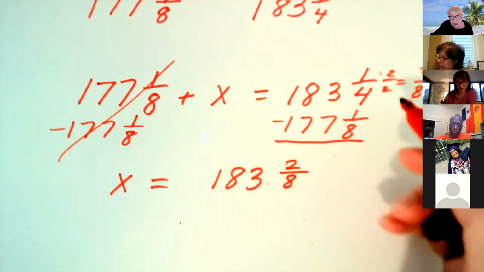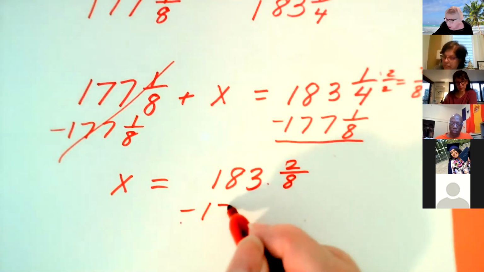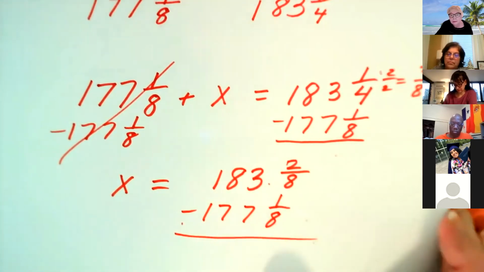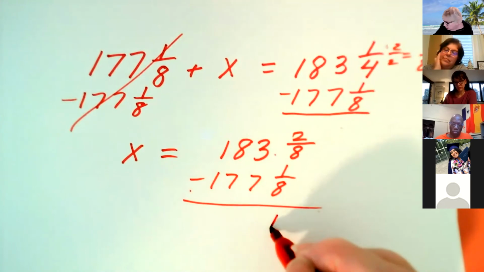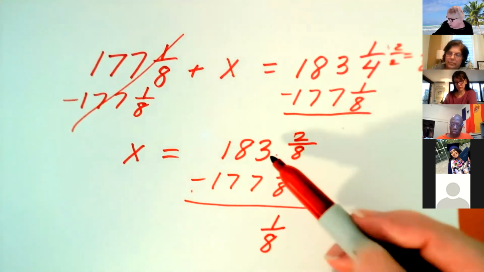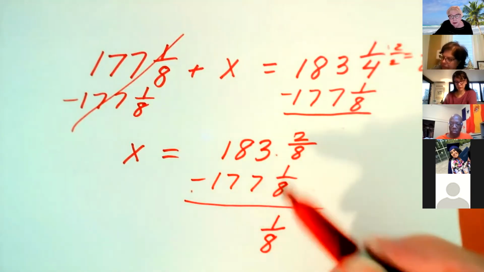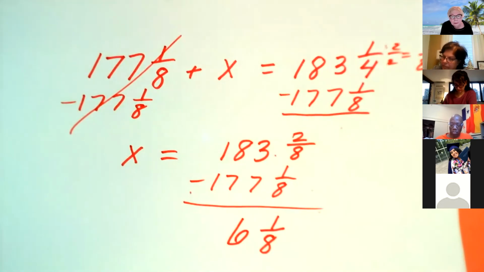Because I'm subtracting and you need like things, which means you need common denominators. Subtract 177 and 1/8. 2 take away 1 is 1/8, and 183 take away 177 is 6. So it went up, and that's the first answer, 6 and 1/8.